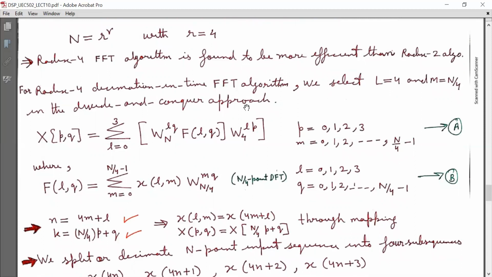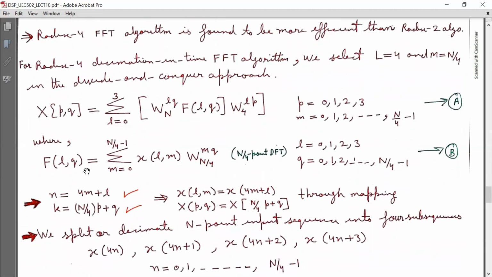From the last lecture, if you remember, this was the expression: capital X(p,q) is equal to summation l running from 0 to 3, as we have chosen capital L equal to 4, of W raised to power lq with base n into F(l,q), multiplied by W raised to power lp with base 4, p running from 0 to 3, where F(l,q) is equal to summation m running from 0 to n by 4 minus 1 of x(l,m) W raised to power mq with base n by 4, that is an n by 4 point DFT, with l equal to 0, 1, 2, and 3, and q is 0, 1, 2 to n by 4 minus 1.